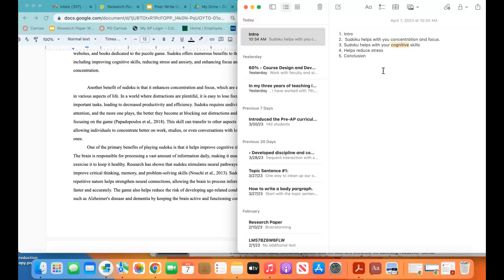Usually when you write a paper, you want your ideas to go in a certain order. For me, I'm thinking, I want to talk about the most important one first, because I want to really blow the reader away with that, and then be like, oh, here's some additional benefits too. So which of these do I feel like is the most important?